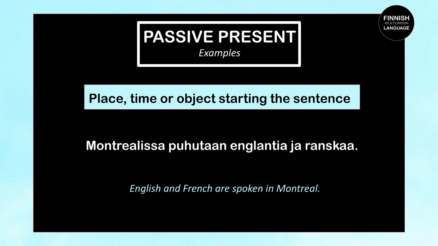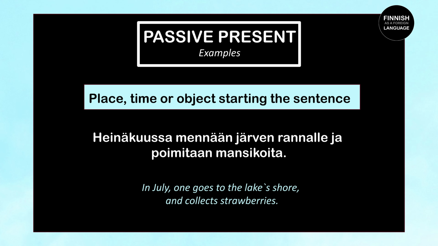Next one. Heinäkuussa mennään järven rannalle ja poimitaan mansikoita. Means in July one gets to the lake shore and collects strawberries. So let's go through it. Our sentence starts with time. So heinäkuussa means in July. It's the inessive case of the word heinäkuu, which means July.